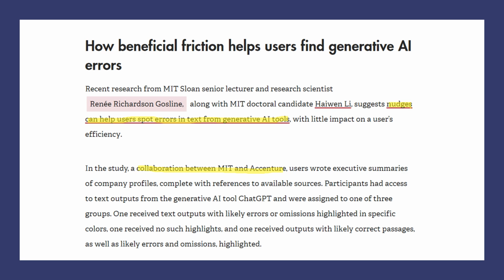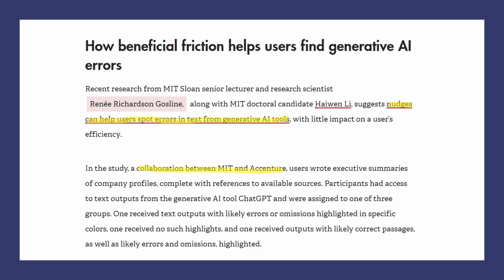Recent research from MIT Sloan senior lecturer Renée Richardson Gosline, along with MIT doctoral candidate Haiwen Lee, suggests nudges can help users spot errors in text from generative AI tools with little impact on a user's efficiency.